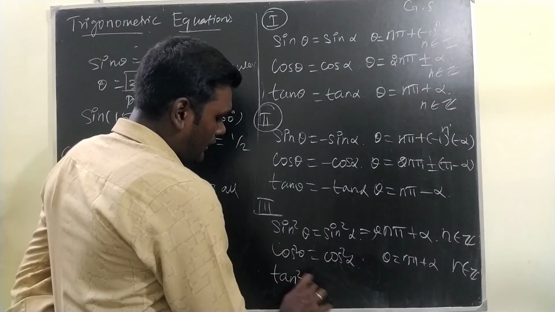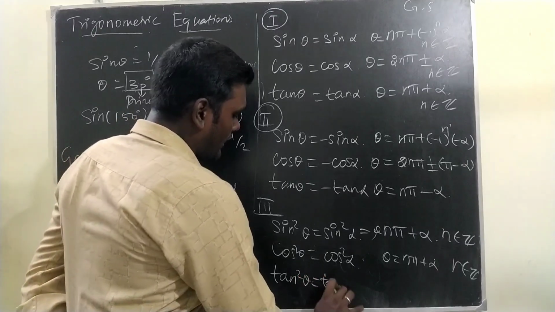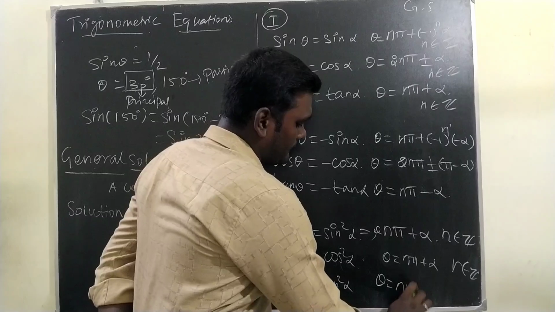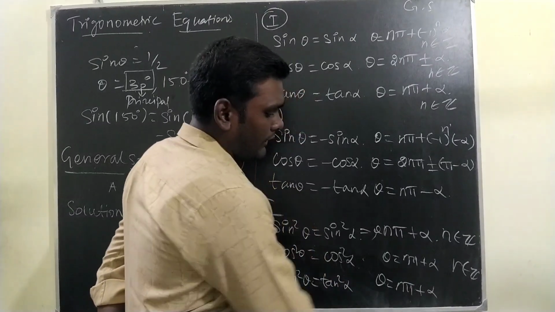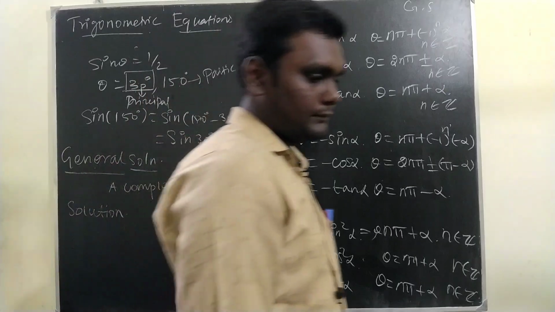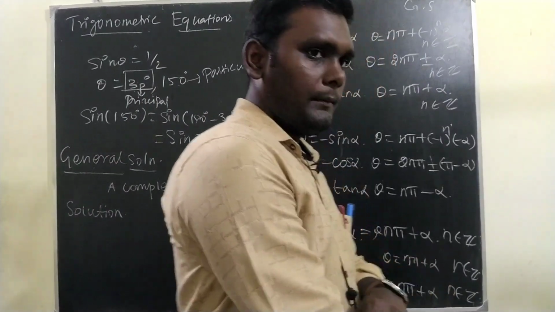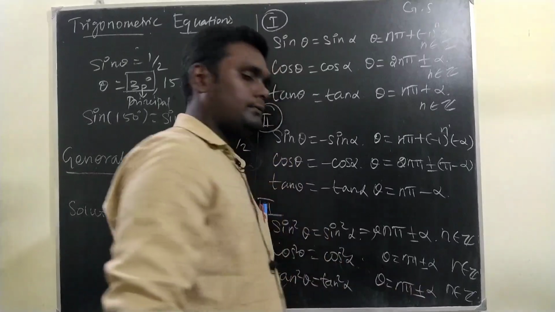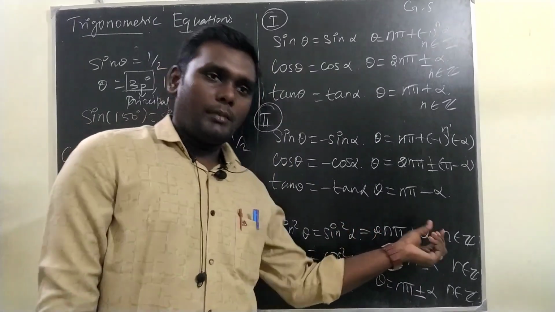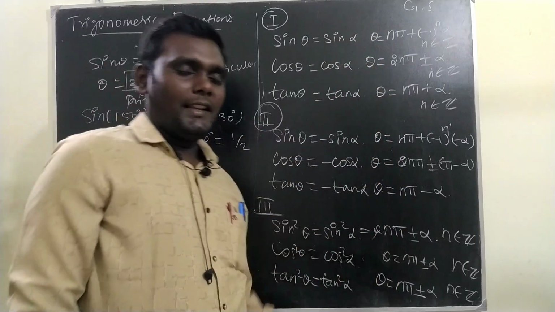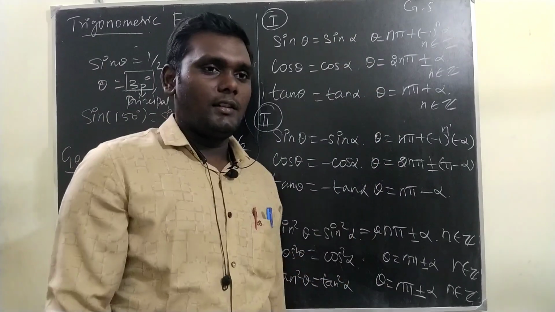Guess what? Tan square theta equals tan square alpha. Same. Theta is n pi plus alpha, where n belongs to integers. Oh, sorry, this is plus or minus again. So it is n pi plus or minus alpha. If you know all these three sets, whatever the question is given, you can easily solve.